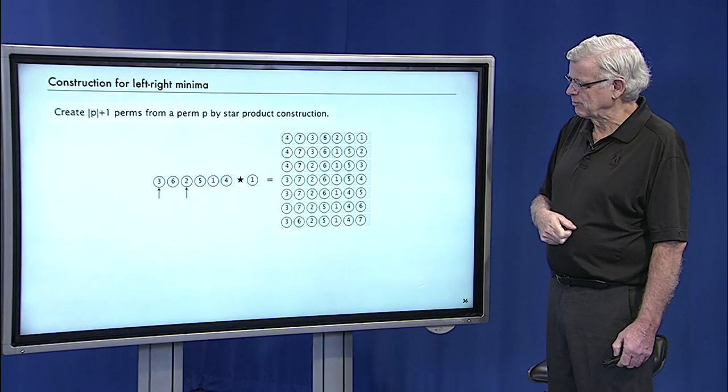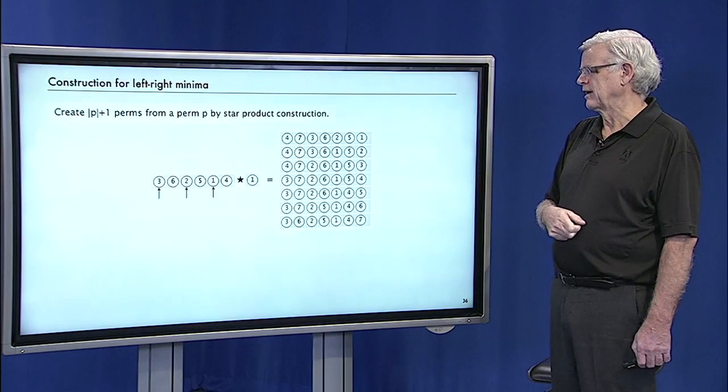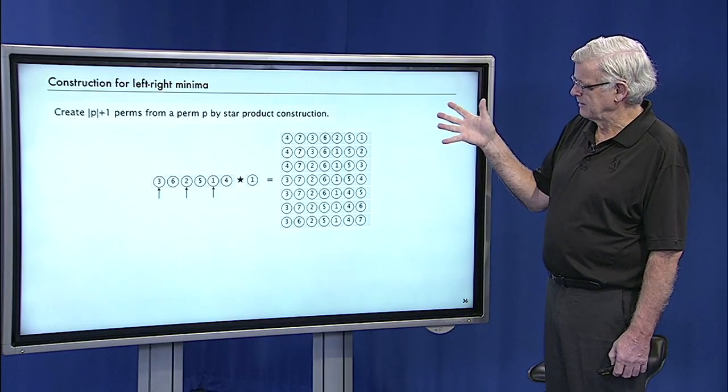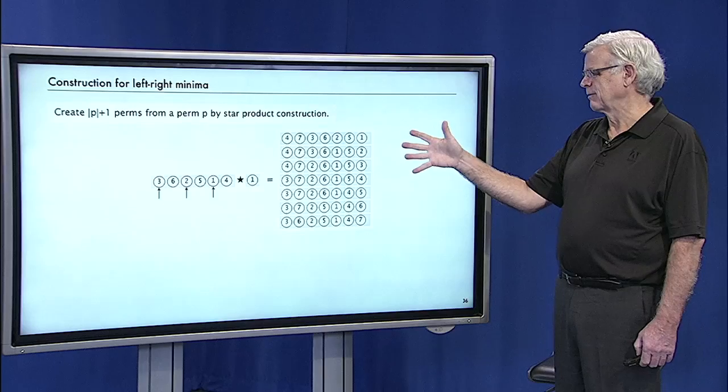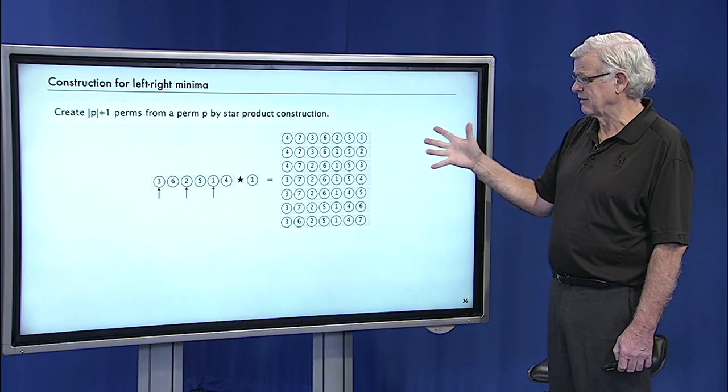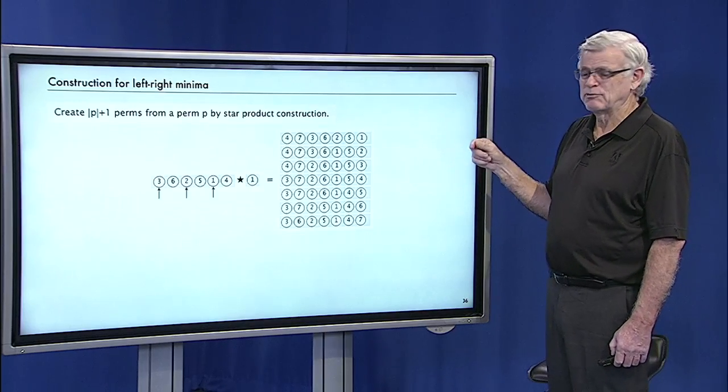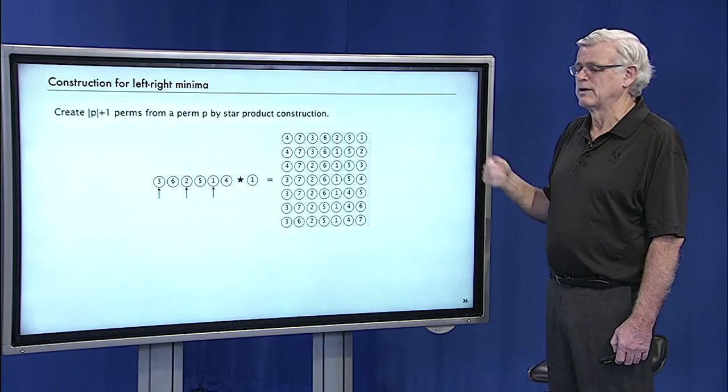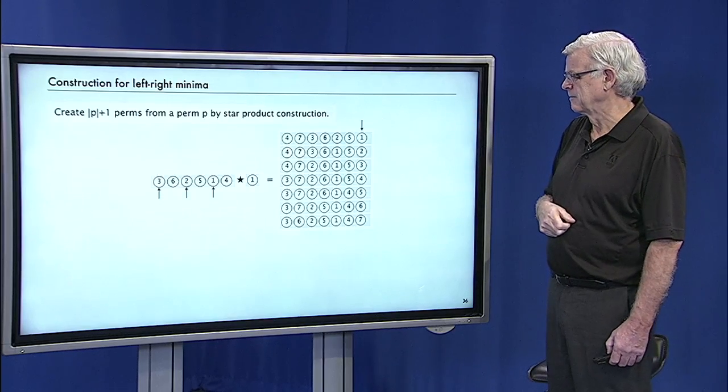Now if you look at the original permutation, in this case it has 3 left to right minima. All the permutations that we got from the star product have the same number of left to right minima, with the exception of the first one, which has an extra one, which is the 1 at the end.